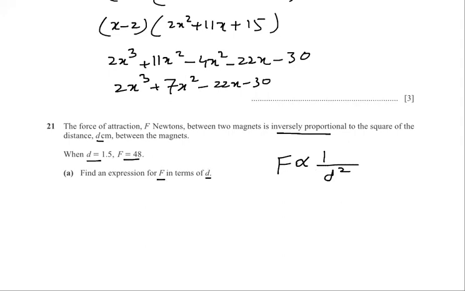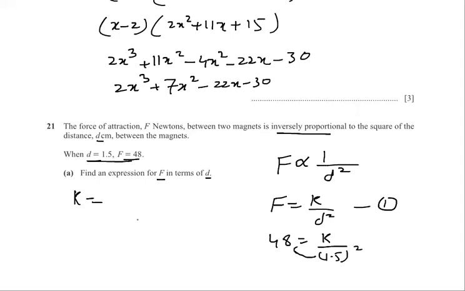When we remove the proportionality sign, there will be a constant of proportionality. To find this constant, I will put these two values here. F is 48, so 48 equals K over D squared, where D is 1.5, so 1.5 squared. Then what will K be?